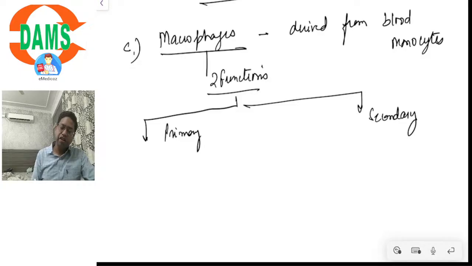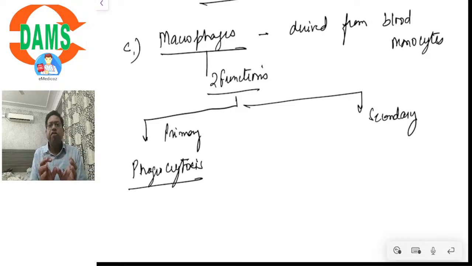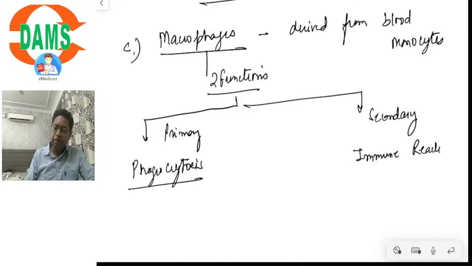The primary function is definitely phagocytosis. They recognize an antigen or any other foreign material, phagocytose it, and present it to the defense systems of the cells. The secondary is immune reaction.